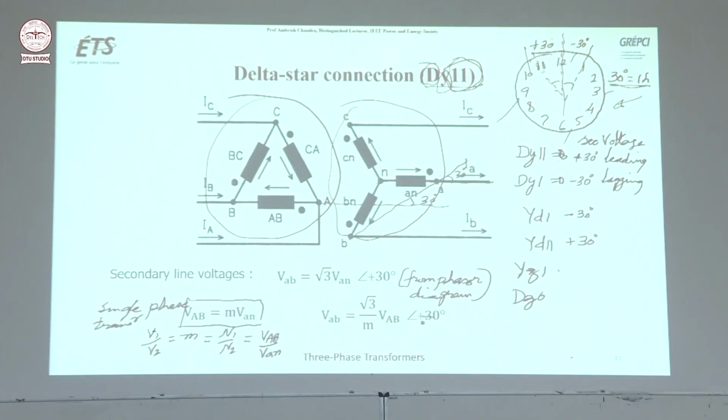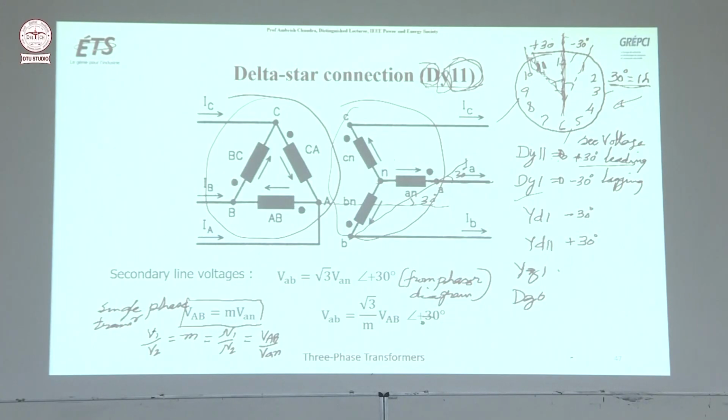If we say 11, this is the reference, and if this is on the primary side, on the secondary side we have 11. It means the secondary side voltage is leading by 30 degrees. So if you use this transformer, the secondary side will give 30 degrees leading.